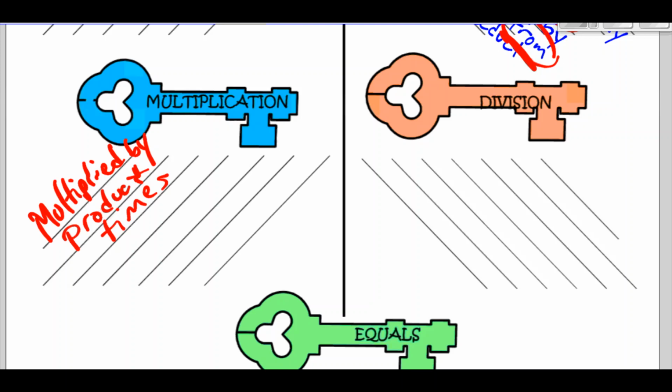Multiplying by 2 is doubling something. Multiplying by 3 is tripling something. For example, if I say triple a number, that would be 3 times x. I could also see 1/2 of.